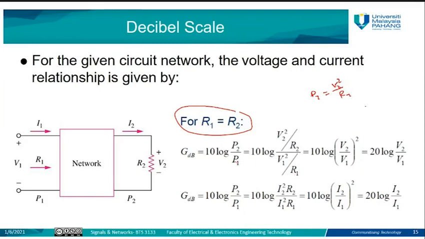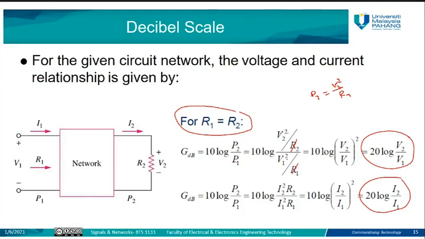This is based on Ohm's law, P equal to VI, so we represent each V by IR, or each I by V over R. Since R2 and R1 are the same, we can just cancel them and come up with 20 log V2 over V1, or 20 log I2 over I1.